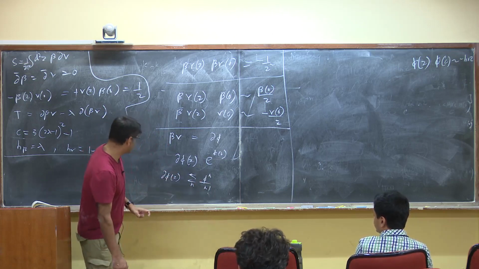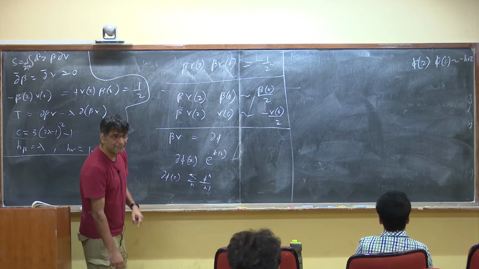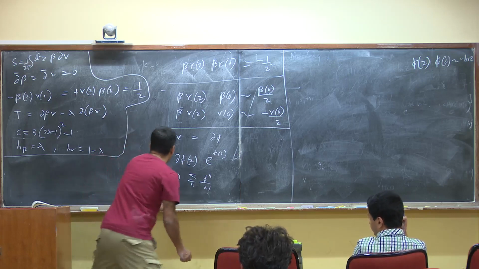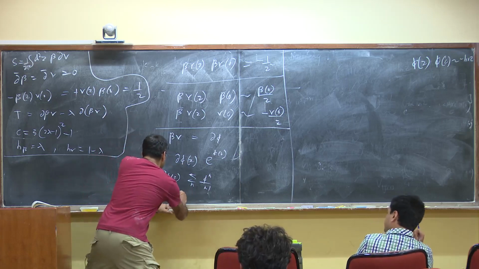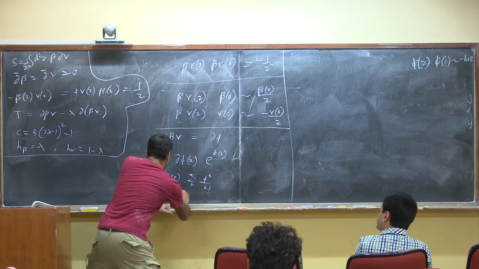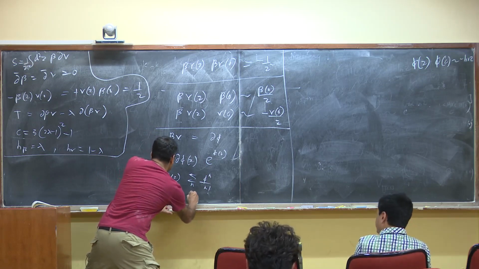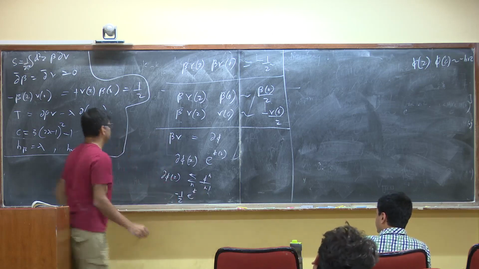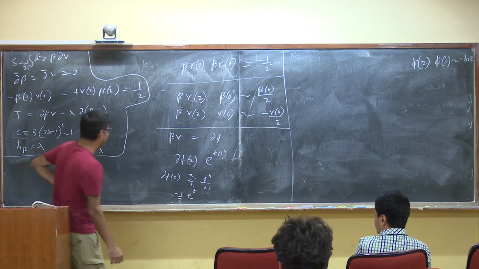That was minus 1 by minus log z, which becomes minus 1 by z. So that becomes minus, and then 1 by z times e to the power phi.